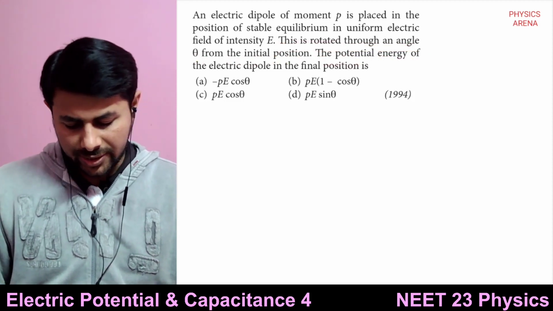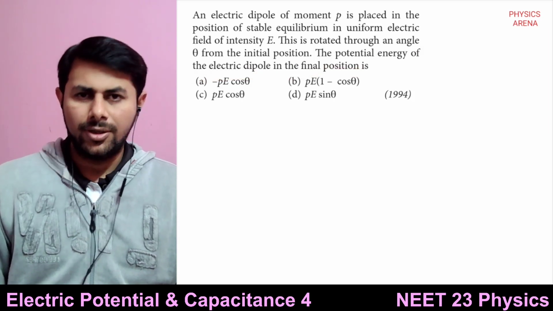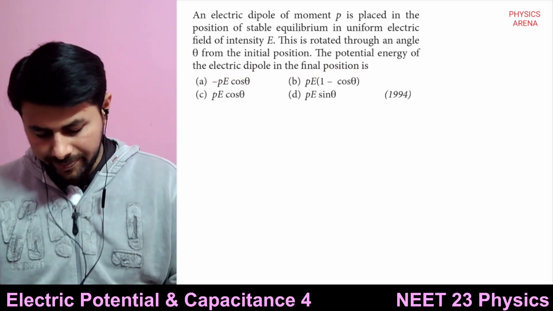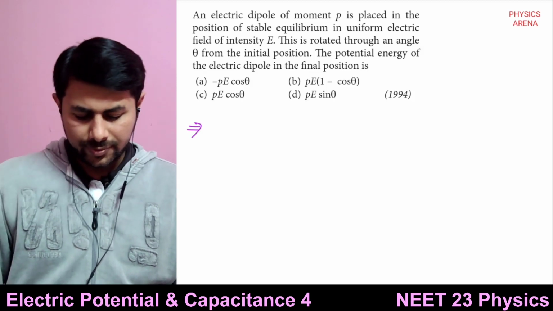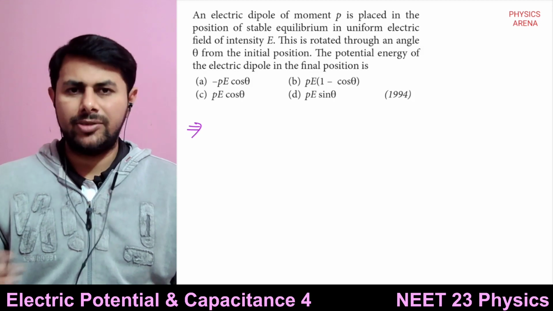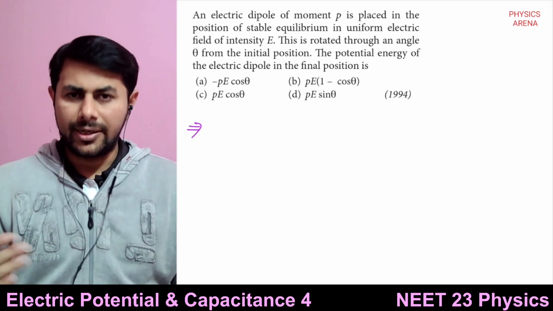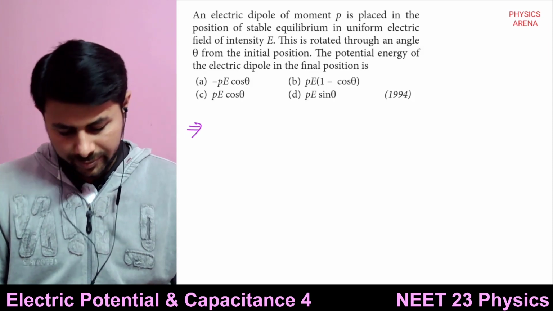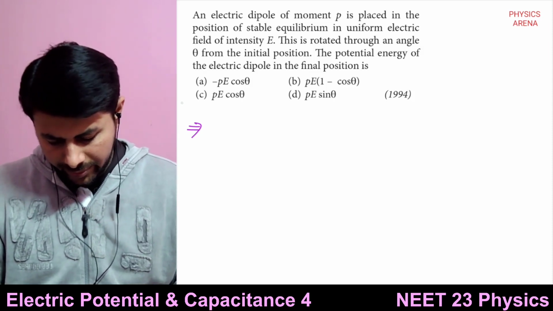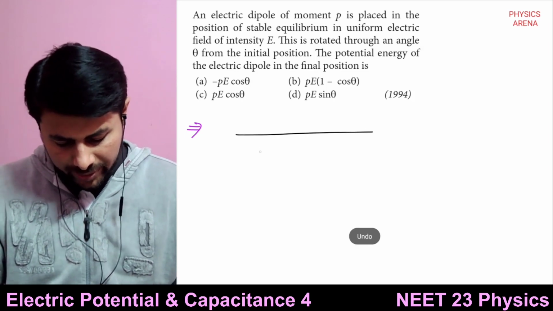The potential energy of the electric dipole in the final position is. So what will be stable equilibrium? So stable equilibrium is when it is directed in direction of the electric field. Okay. So this dipole is directed in direction of electric field.